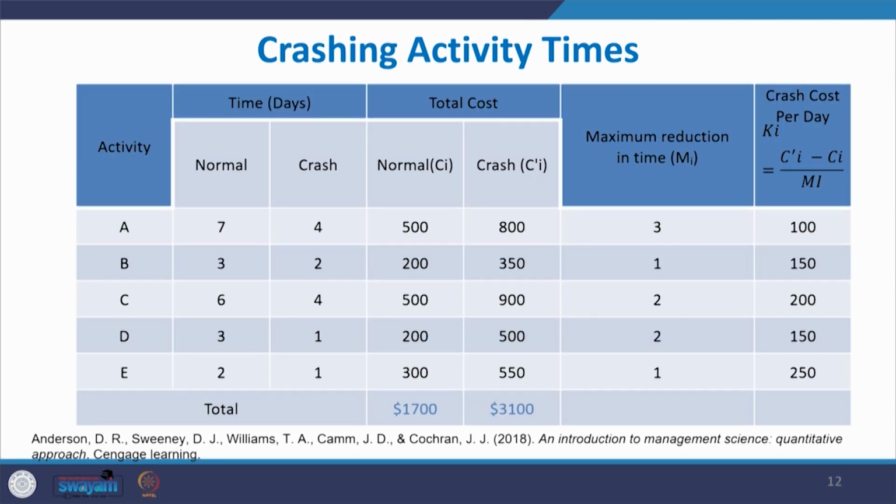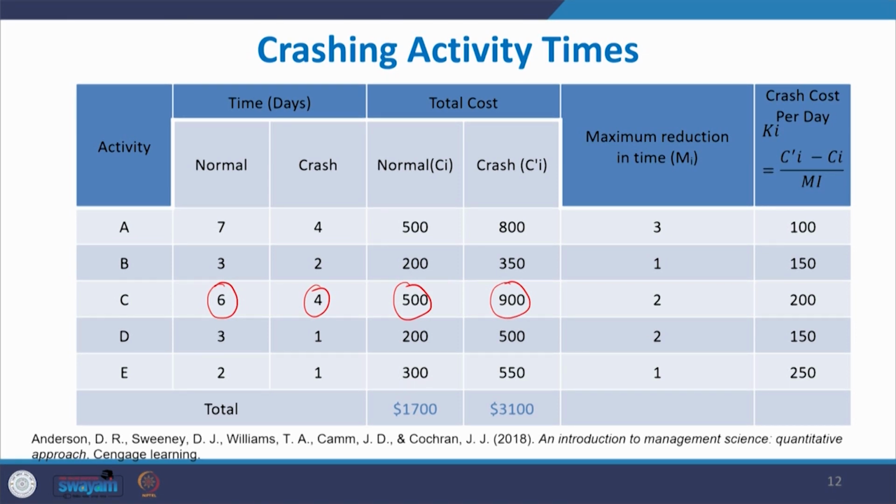Now, in this table, for each activity, the normal time and crash time are given, and the normal cost and crashing cost are given. For example, activity C can be normally completed within 6 days. The cost for finishing in 6 days is $500. If you compress from 6 days to 4 days, the crashing cost is say $900.